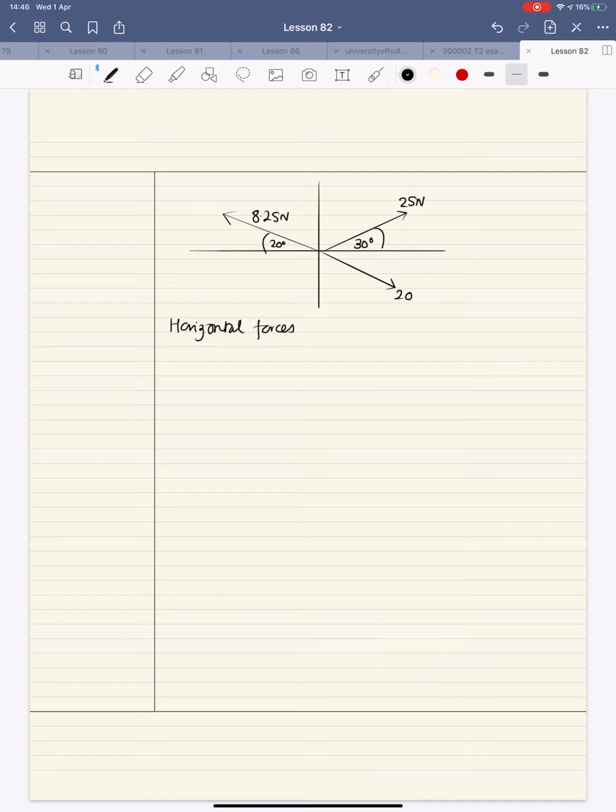And this one was 20 newtons, and that was 50 degrees. Okay, so the horizontal forces, we've got 25 cos 30 degrees plus 20 cos 50 degrees. Okay, so what I've put up there is that one there from there, but also that one there as well.